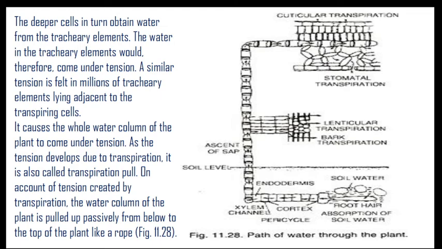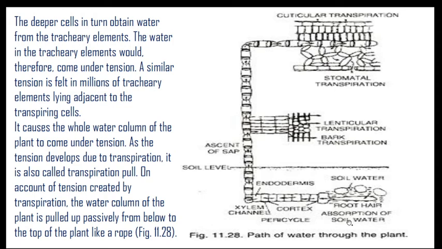So this is the most important thing. On account of the tension created by transpiration, the water column of the plant is pulled up passively from below to the top of the plant like a rope. The neighboring diagram shows the endodermis, and the soil water which is absorbed by the root hairs.